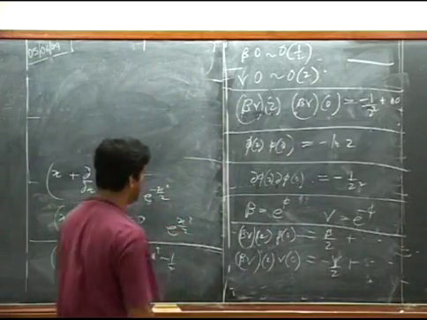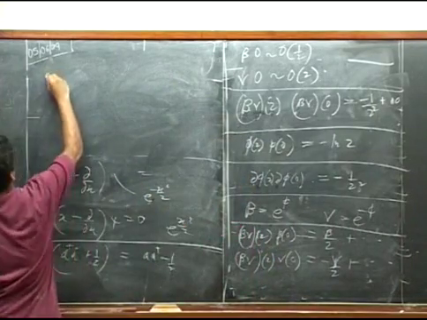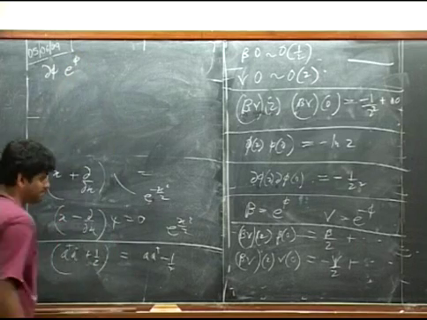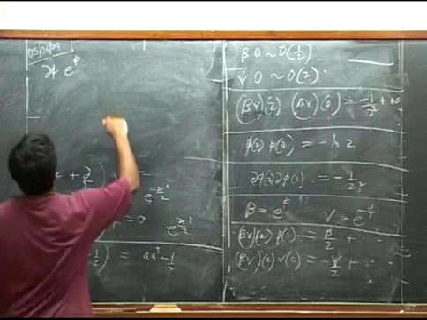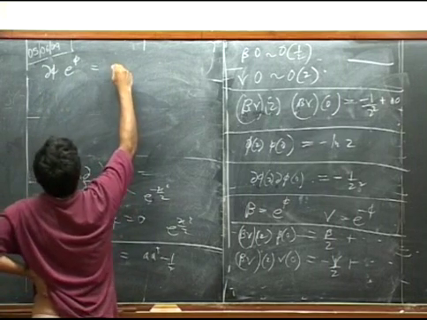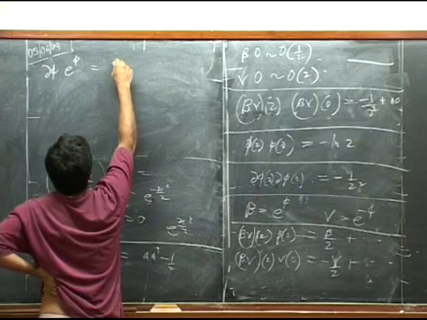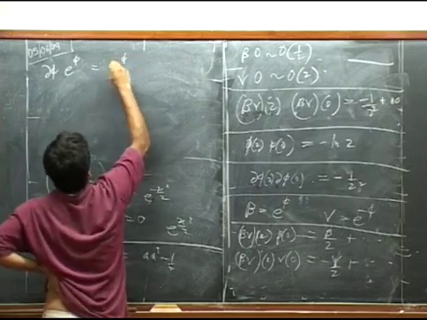Okay. So let's compare that with this suggestion. So del phi times e to the power phi. Okay. Now this is equal to e to the power minus 1.